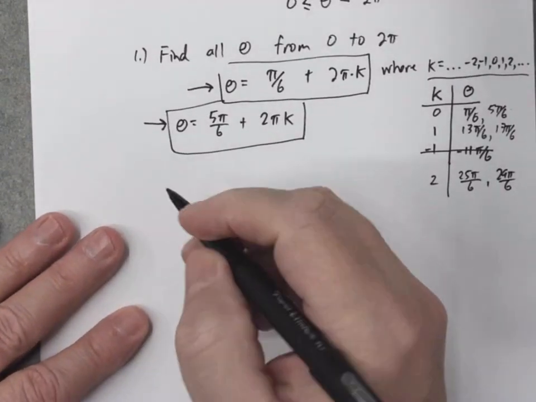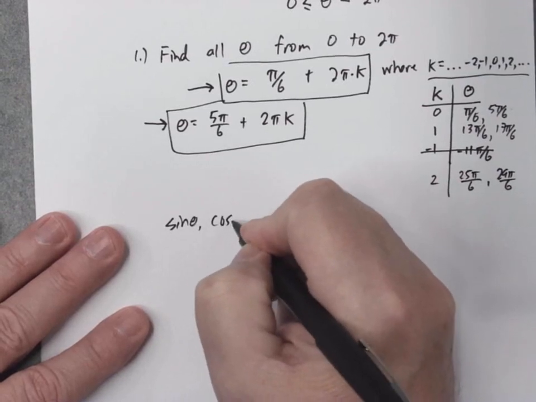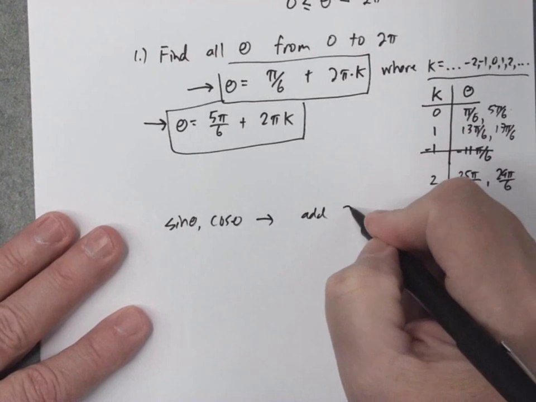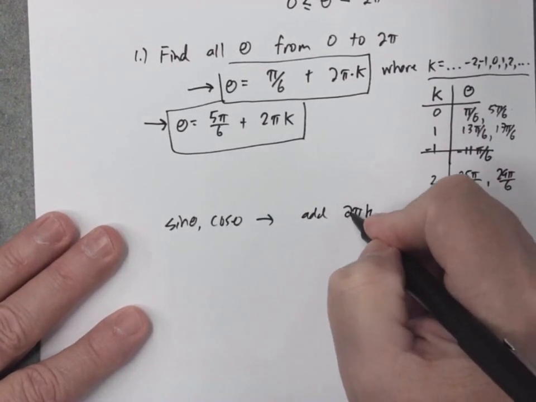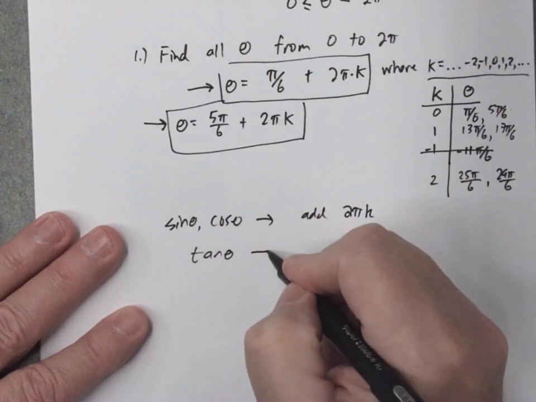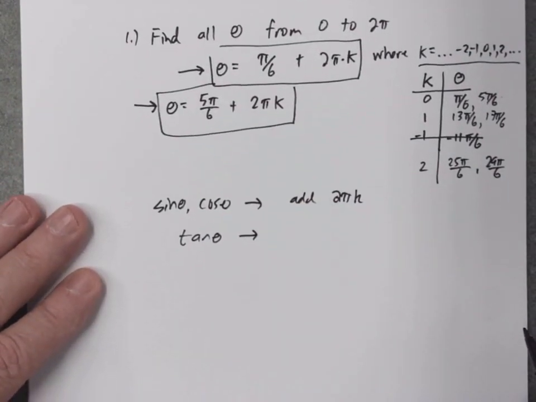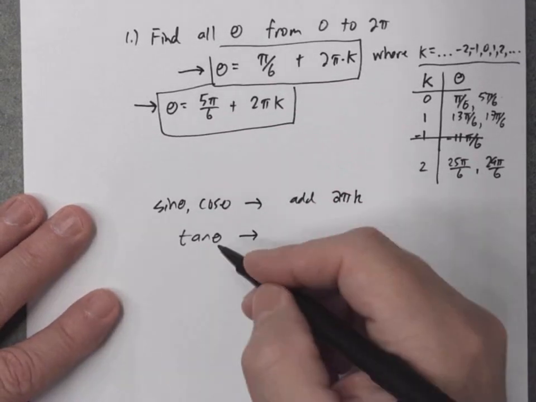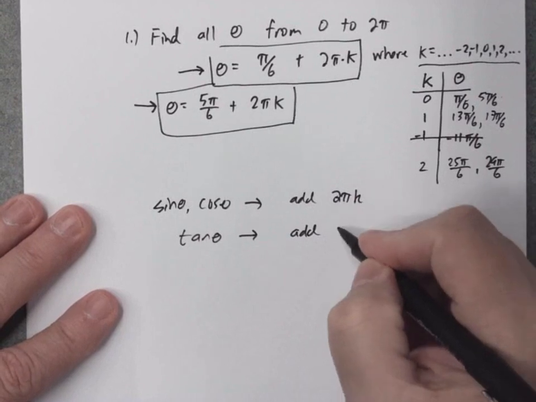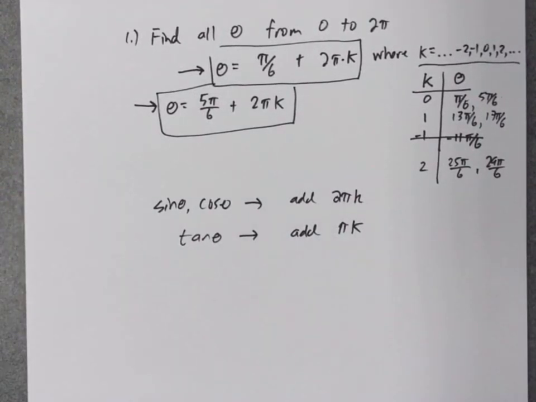When you're getting a general solution for sine and cosine, you always add the 2 pi k. However, if you're ever solving a trig equation and you're asked for the general solution for a tangent, just because of the way tangent works, you don't add 2 pi k, you just add pi k.